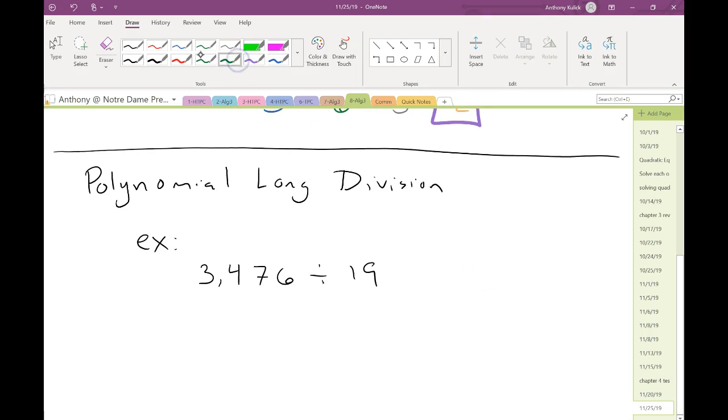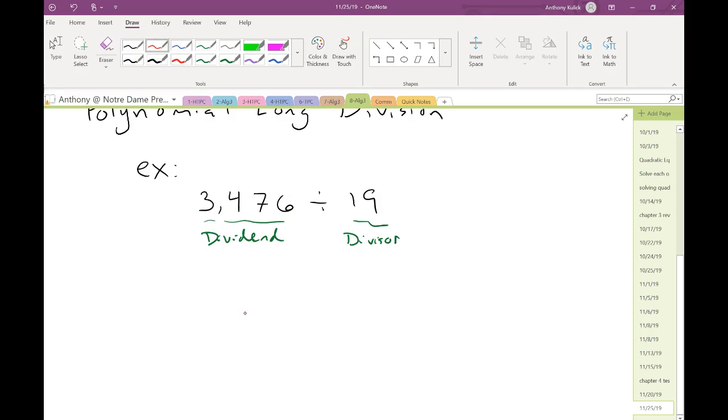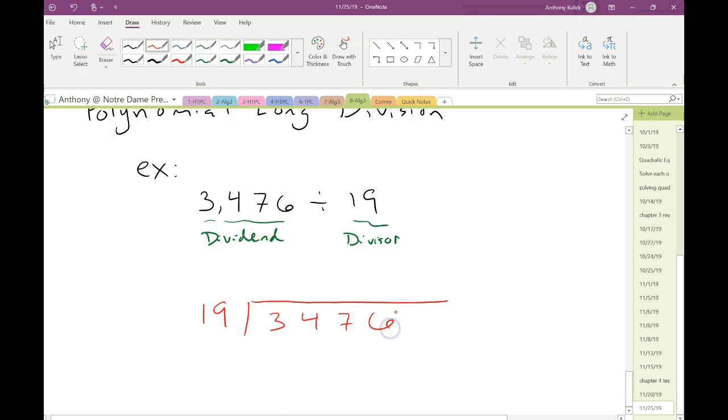So just as a little bit of vocab review, this number was called the dividend, and this number is called the divisor. So when we set up our problem, what number goes on the outside of our division bar? The divisor. And what goes underneath? The dividend. Okay. Everybody kind of remember that?